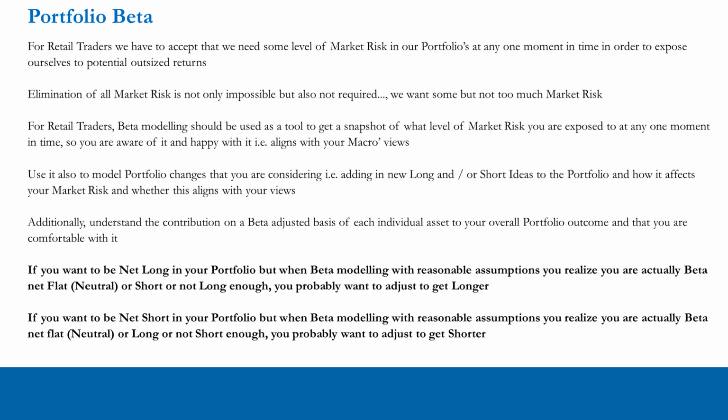So, especially for retail traders on smaller accounts, we have to accept that we need some level of market risk in our portfolios at any one moment in time in order to expose ourselves to potential outsized returns.